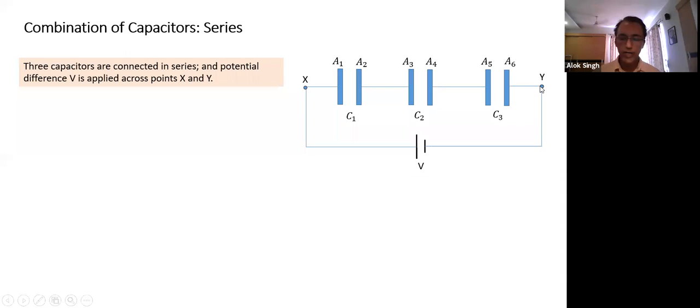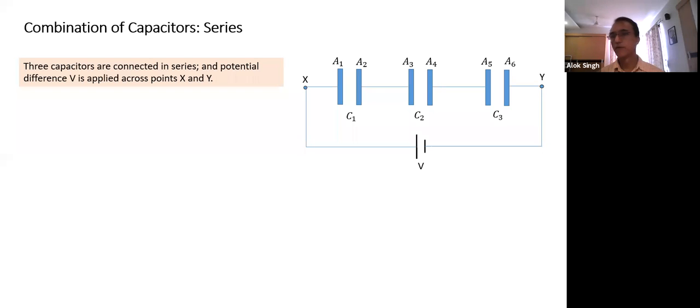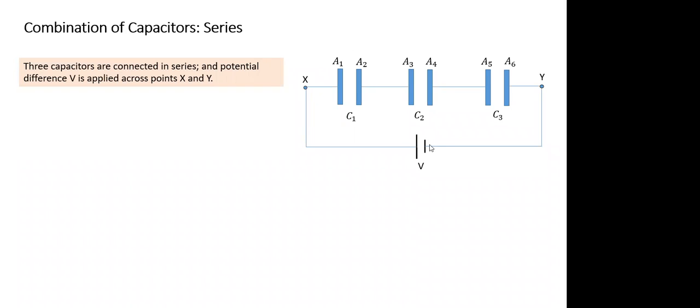What is the potential of point Y? If I assume the potential of the negative plate of the battery to be 0, what is the potential of point Y? It is 0.